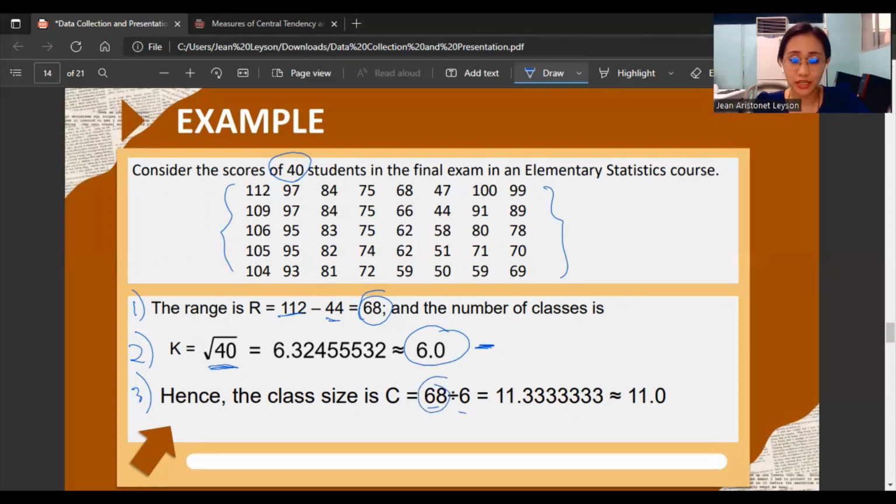Our range is 68, which we have solved earlier, divided by 6, which is the number of classes. That is approximately 11.3333. Since our data set is in terms of whole numbers, our class size should also be a whole number. So that is approximately 11.